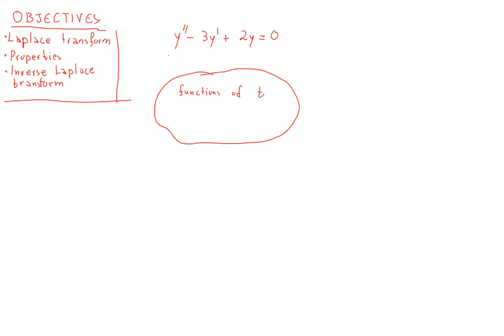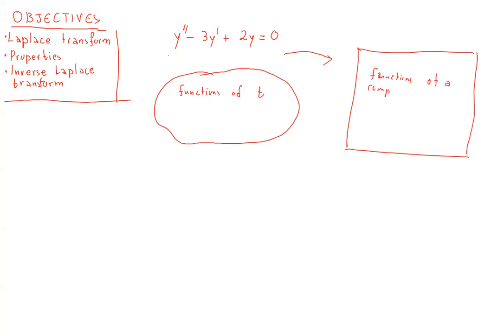And what happens next is you find a way to translate that equation into a new space of functions of a complex variable S, so that this equation becomes an algebraic equation.